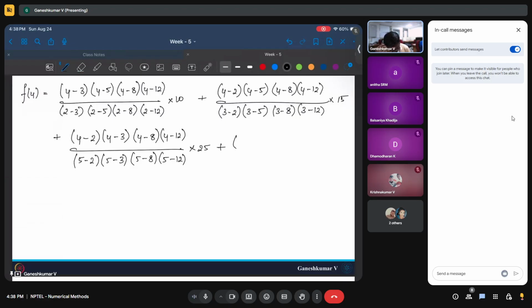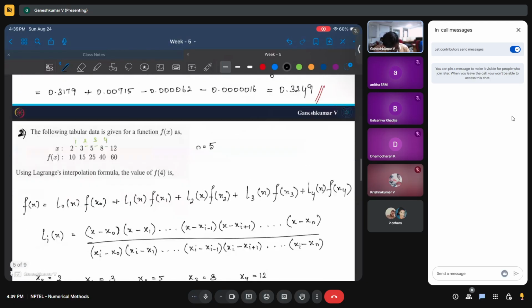Now the fourth term is going to be 4 minus 2, 4 minus 3, 4 minus 5, 4 minus 12, divided by 8 minus 2, 8 minus 3, 8 minus 5, 8 minus 12, multiplied by the f values 10, 15, 25, 40, and 60.